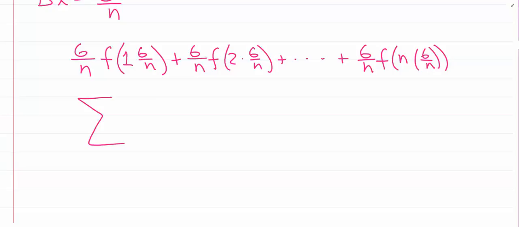I'm going to use k, and k is going to go from 1 to n. Is that right? So here's what's going to happen. I've got 6 over n, f of k times 6 over n.